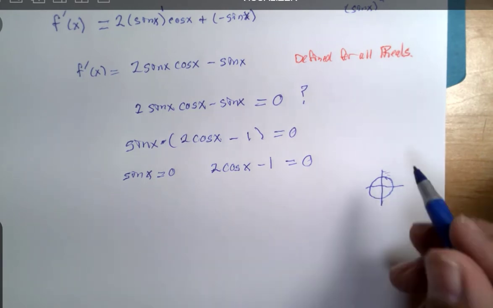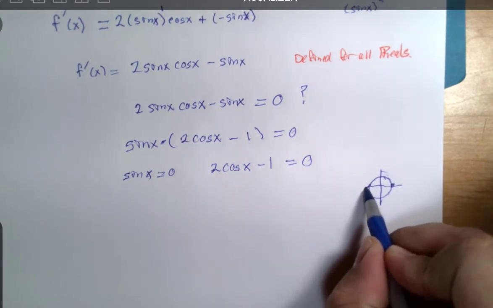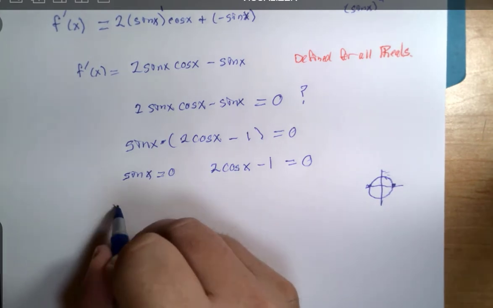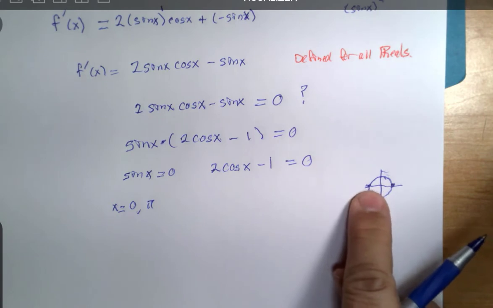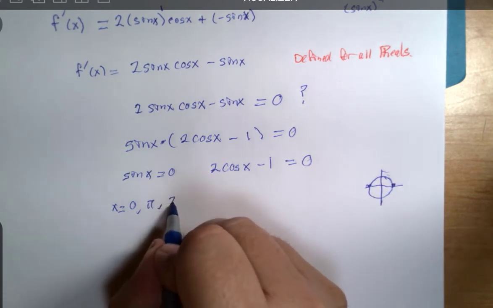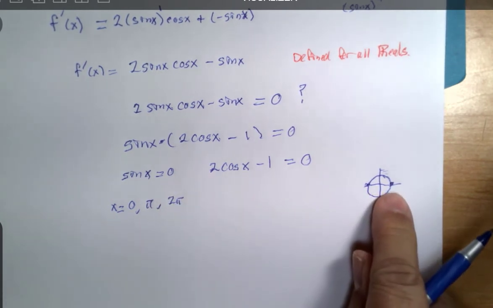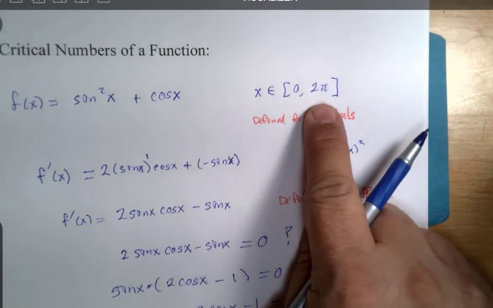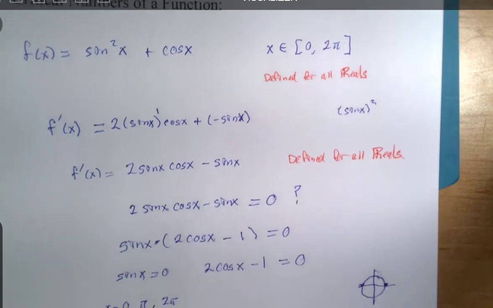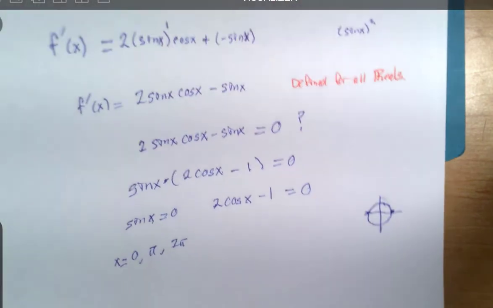But sine is 0 at these 2 locations on the circle, and that happens when x is 0 or pi, or 2 pi when it's made its way all the way around again. And I have to include 2 pi because I told you to at the beginning. Alright.